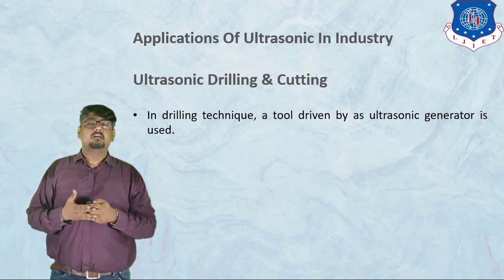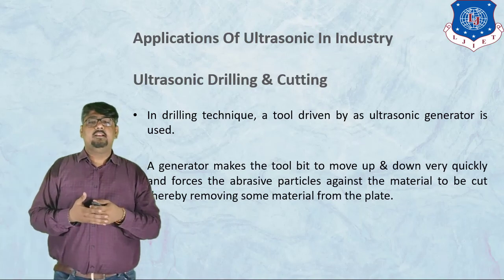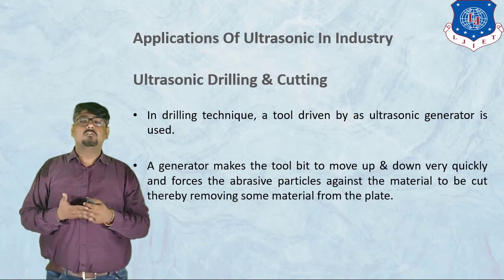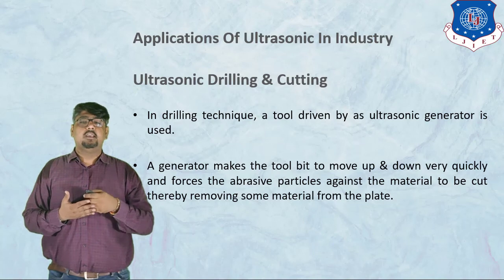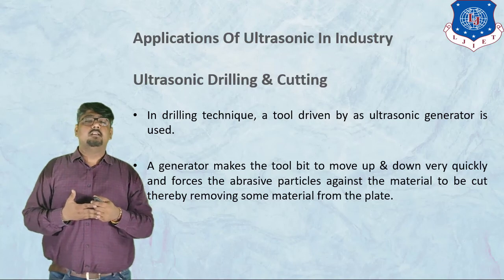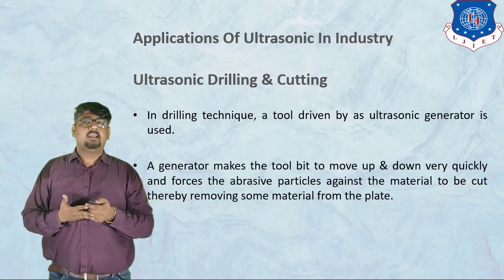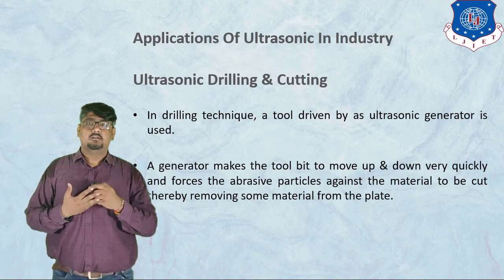A generator makes the tool bit move up and down very quickly and forces the abrasive particles against the material to be cut, thereby removing some material from the surface. The same technique is used for cutting.